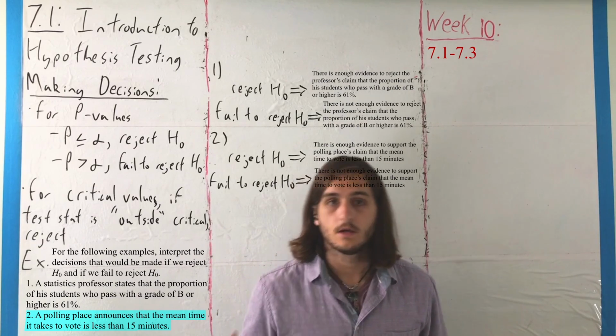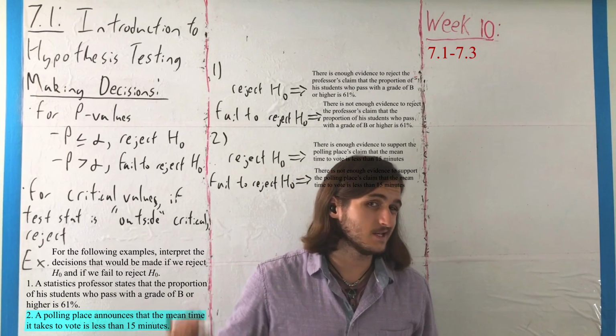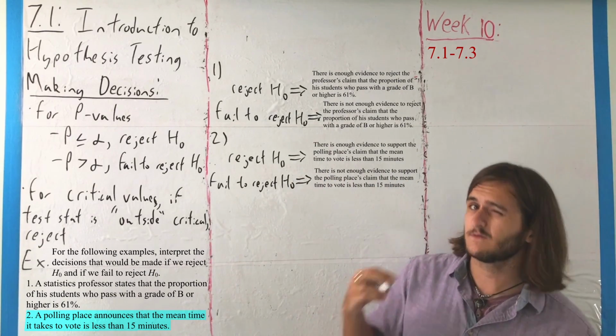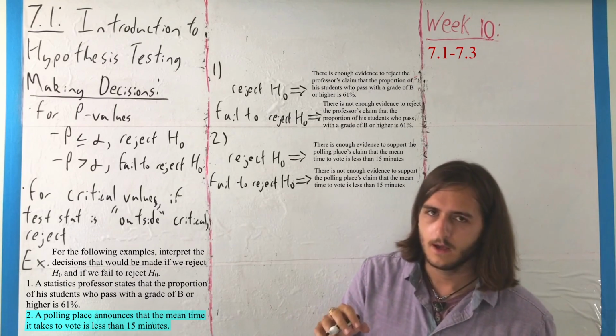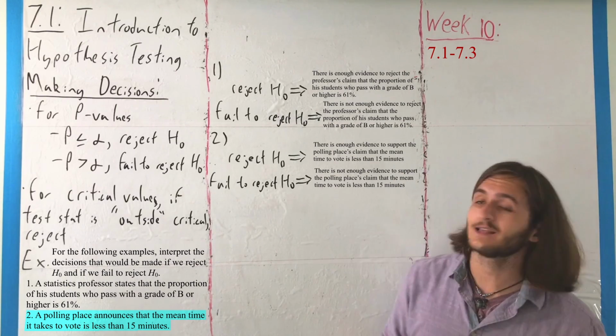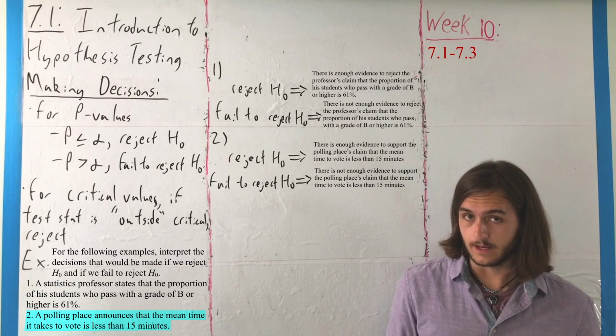So, because our claim is the alternative and we did not reject the null, we're kind of supporting the null, but not really. But more importantly, we are definitely not supporting our claim.